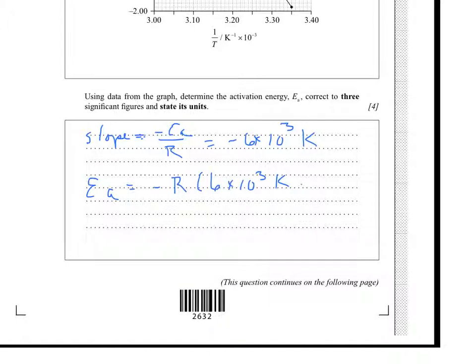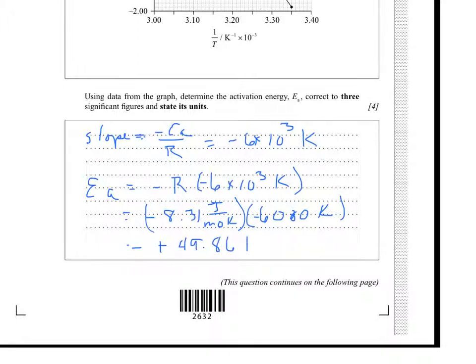So it's negative 8.31 joules per mole Kelvin times basically 6,000 Kelvin. And you should end up with, and this was a negative, so it'd be a positive 49.86 is what I got.